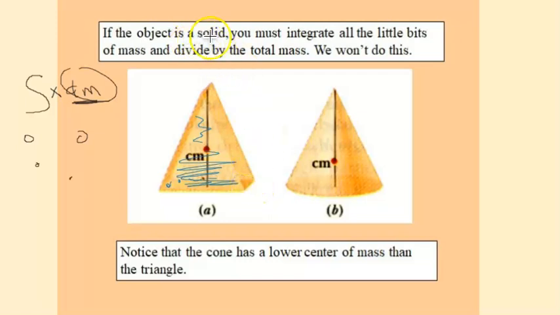But clearly, if the object is solid, meaning not blobs, you must use calculus. But you know that if it has symmetry, the center of mass lies along that line of symmetry. I think I scanned this in from your textbook, and what's kind of cool is you can see that the cone is shifting more mass to the floor, and so that's going to lower the center of mass.